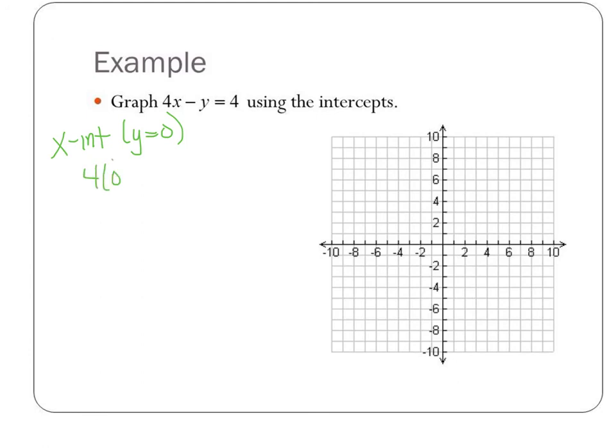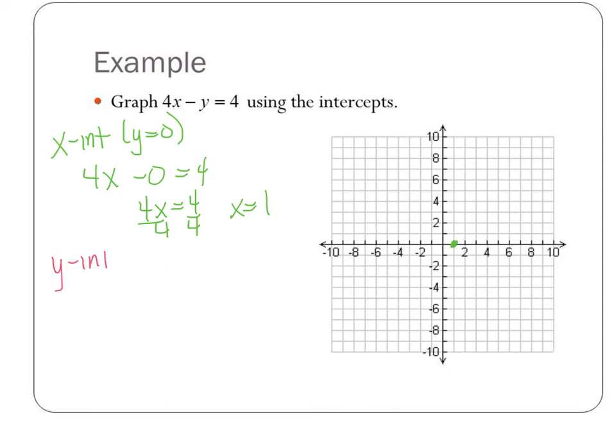So 4 times x minus 0. All right, so we get 4x equals 4. Divide by 4. x equals 1. That's my x-intercept. We're going to plot that at 1 on the x-axis.